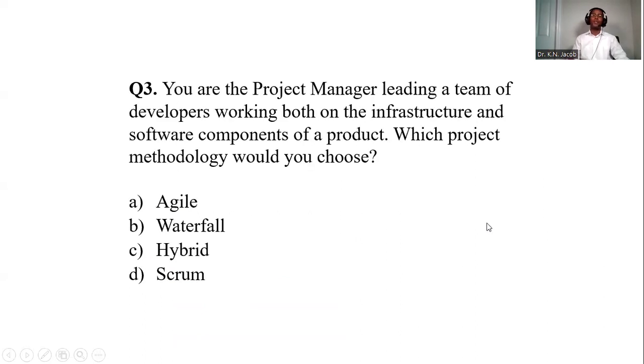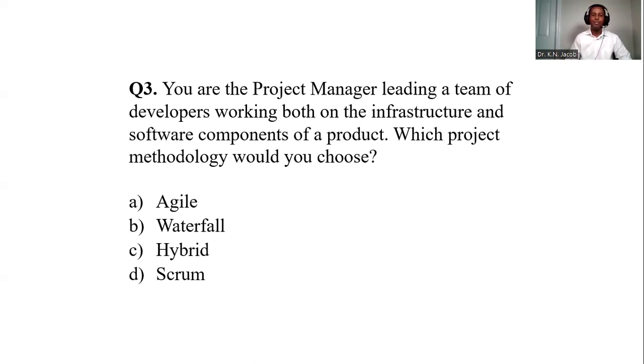Question 3. You are the project manager leading a team of developers working both on the infrastructure and software components of a product. Which project methodology would you choose? A, agile, B, waterfall, C, hybrid, D, Scrum.